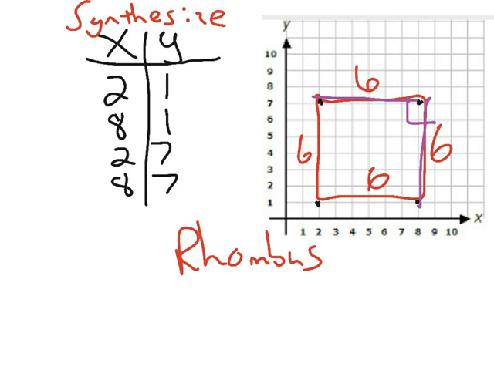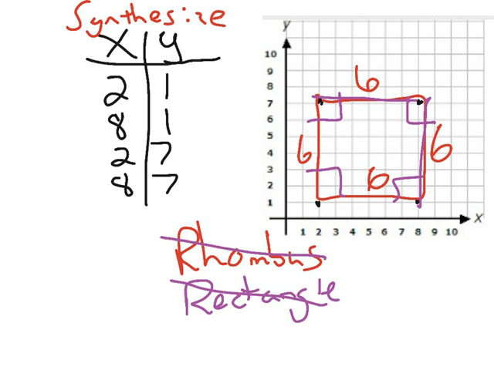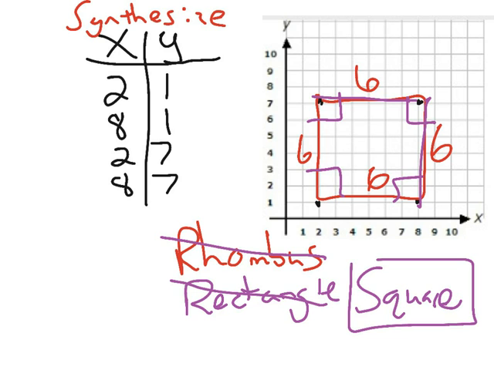If I use the slope formula on all the other ones, I find out that these are all 90-degree angles because the slopes are negative reciprocals of each other. That means that it's a rhombus, but to be more specific, it's a rectangle because of the 90-degree angles. But even more specific, this is a square. All sides are congruent, and 4 right angles makes this a square.